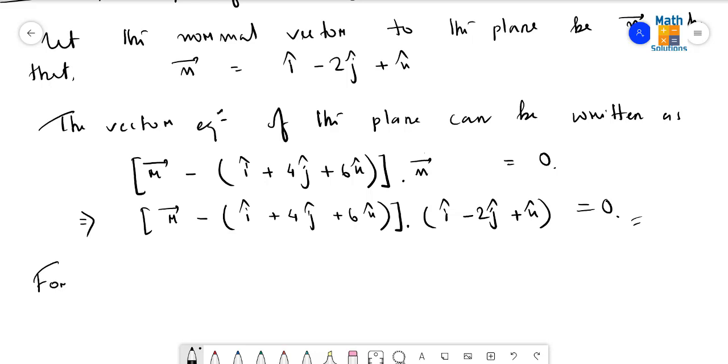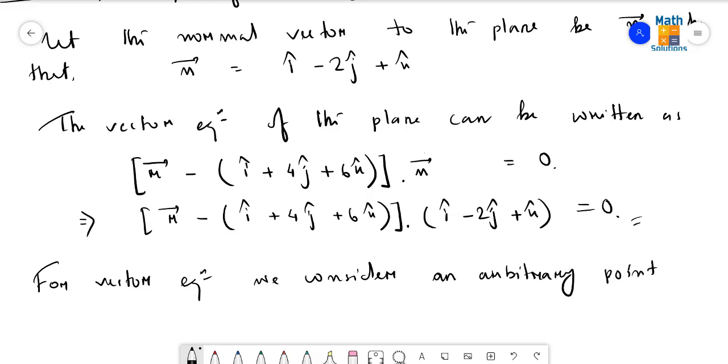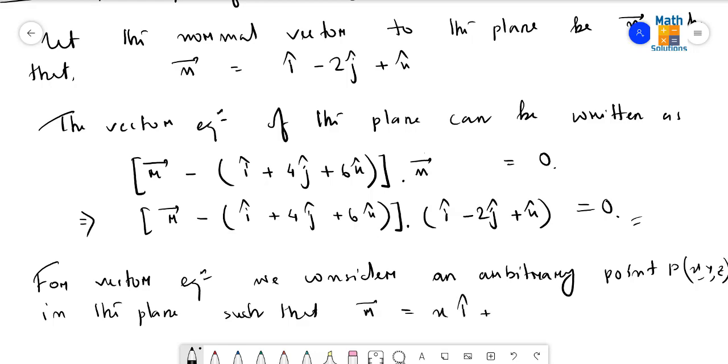Here we consider an arbitrary point P (x, y, z) in the plane such that vector r is equal to x i cap plus y j cap plus z k cap.